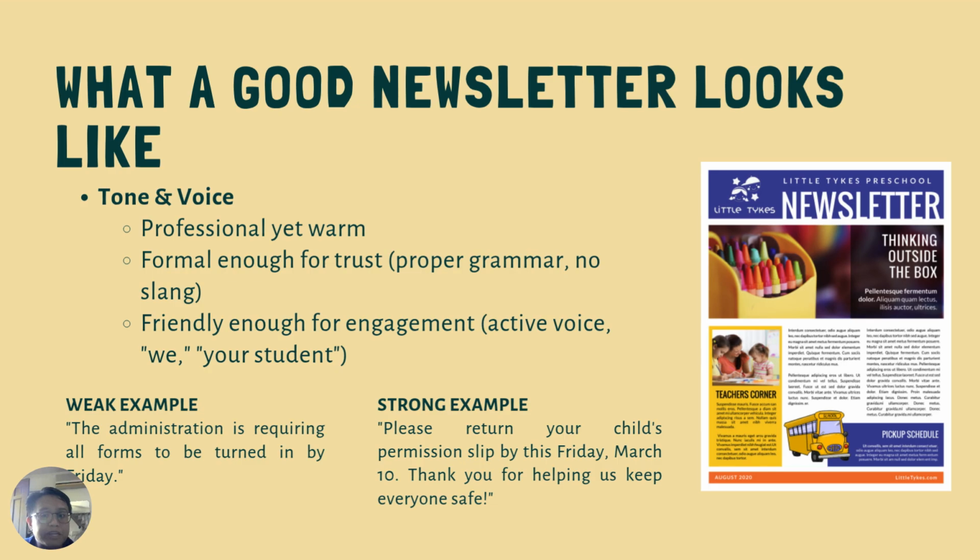Now, that's the same information, but the other one, even though it's longer, invites cooperation, while the other demands compliance. So always aim for the stronger example. It should sound like you're conversing with the parent or guardian who reads your newsletter.